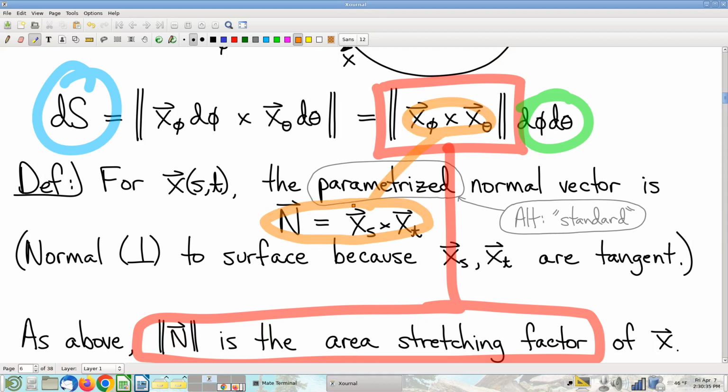This cross product, X_phi cross X_theta, or in general, X_s cross X_t, the product of the partials of the parameterization, is interesting in other ways. So we need a name for it. I'm going to call it capital N as such. Notice then my formula for my stretching factor streamlines very nicely, and it becomes just the magnitude of capital N.